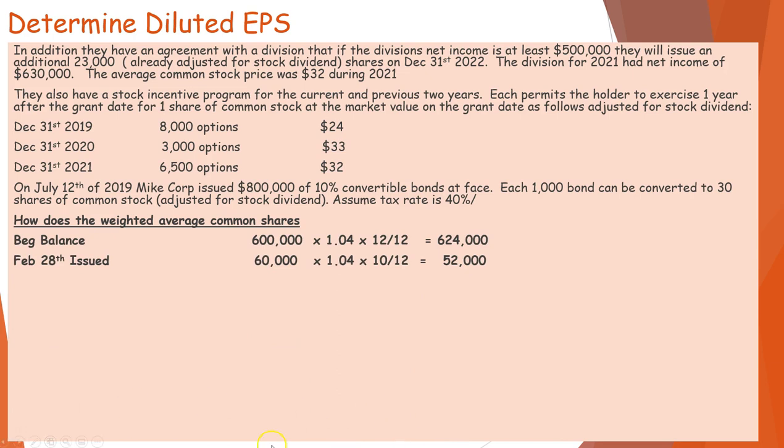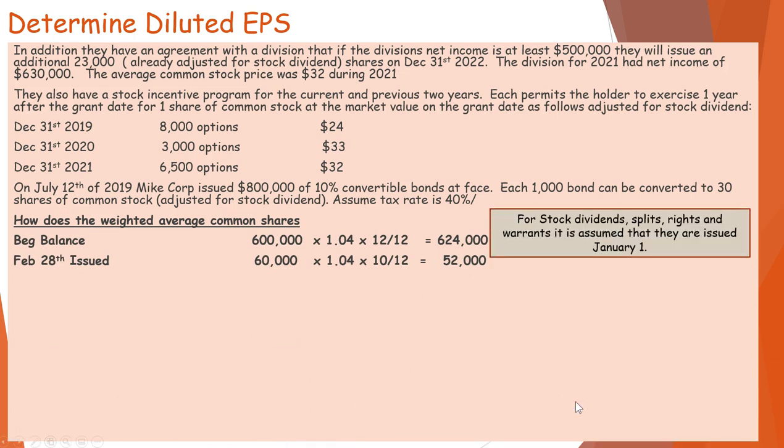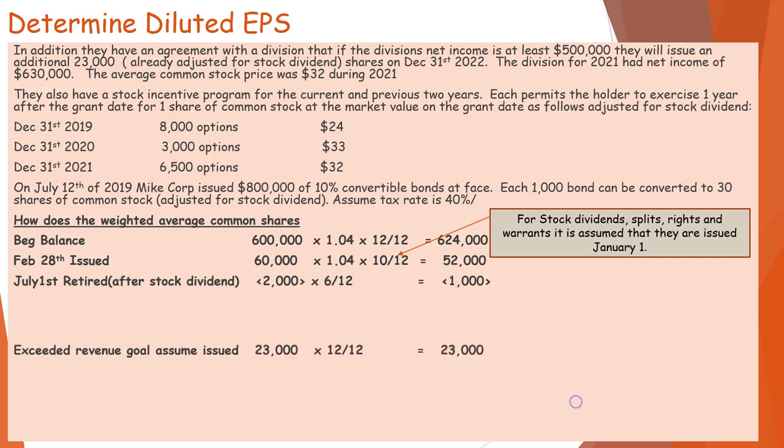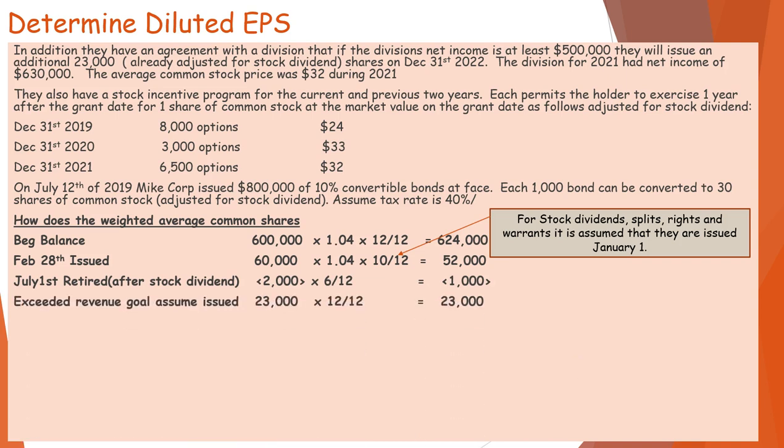That hasn't changed from before. Now, our retired shares pretty much stayed the same, but since we exceeded our revenue goal, we have to assume these were issued at the beginning of the year, so that would be 23,000 shares right there.